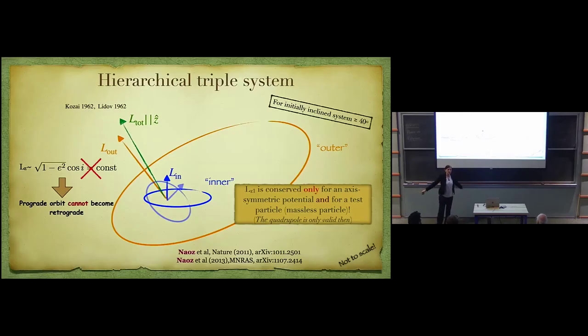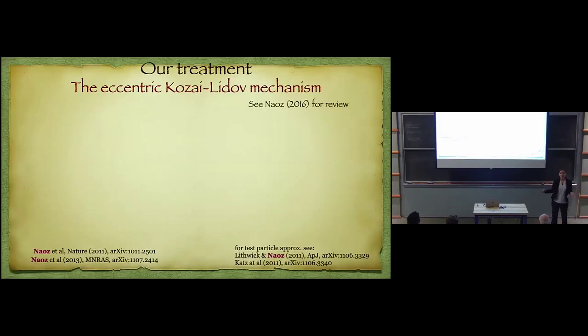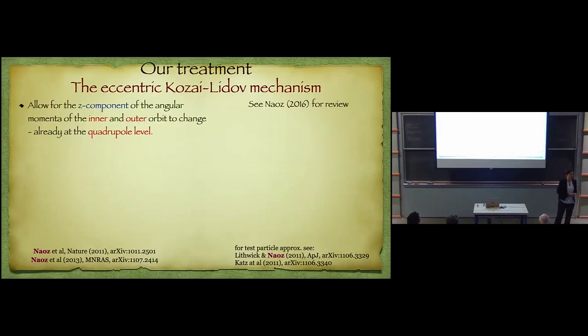So I'll have an axisymmetric potential. Only then does this system have this conservation law. So we rederived everything. We call it the eccentric Kozai-Lidov mechanism, which allows both the orientation and the magnitude of the angular momentum of both orbits to change.